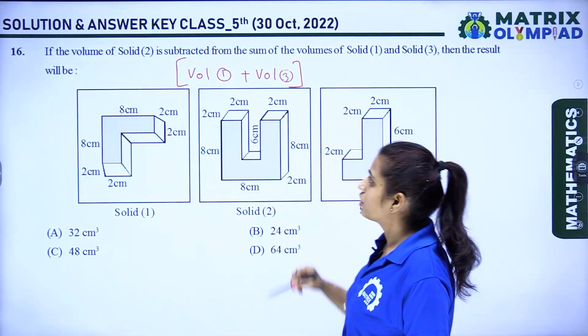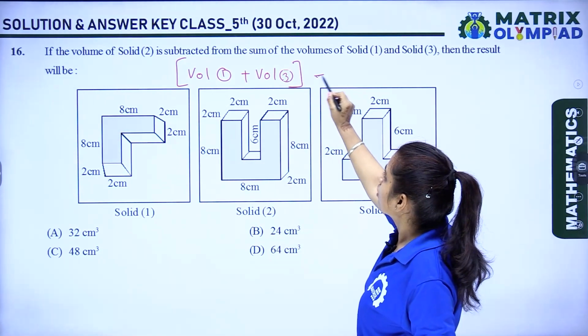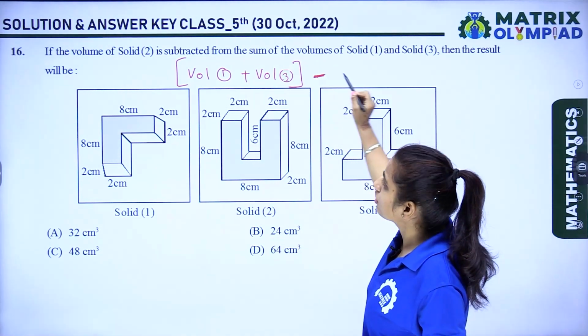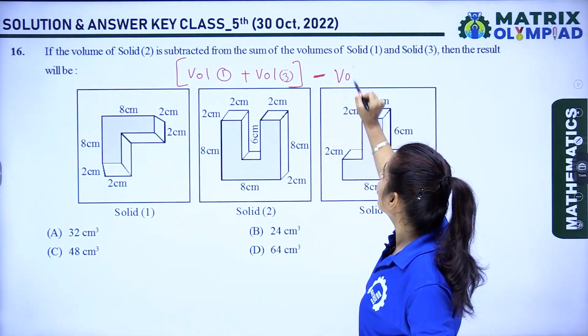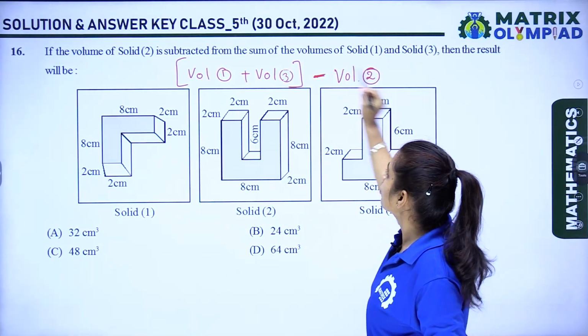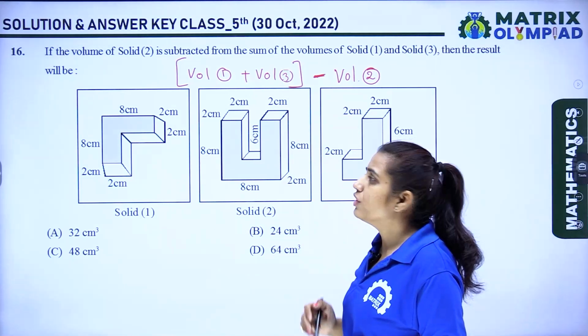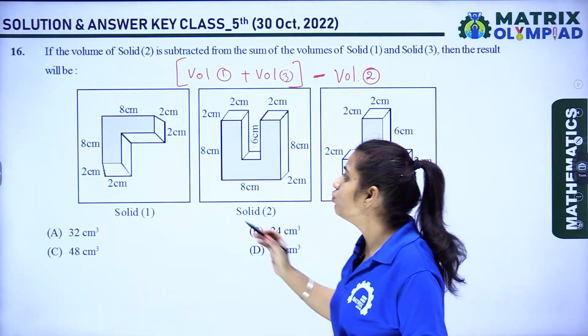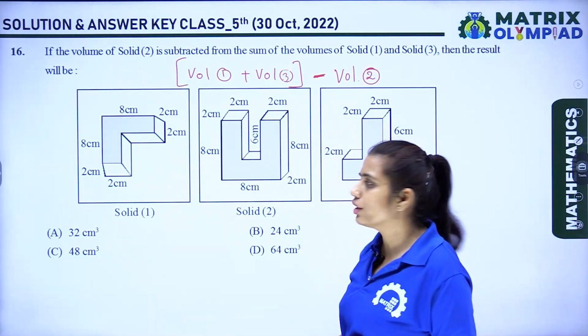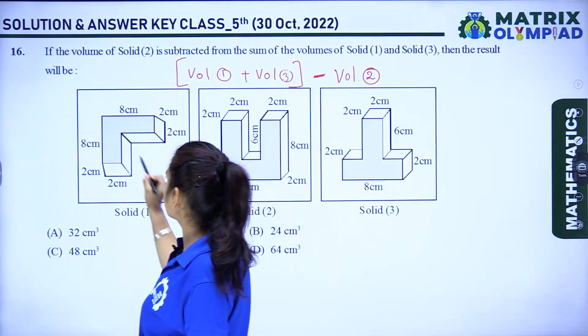Then we have to subtract the volume of the second from this given sum. First of all, let's find out the volume of these 3 solids. Let's begin with the first solid.